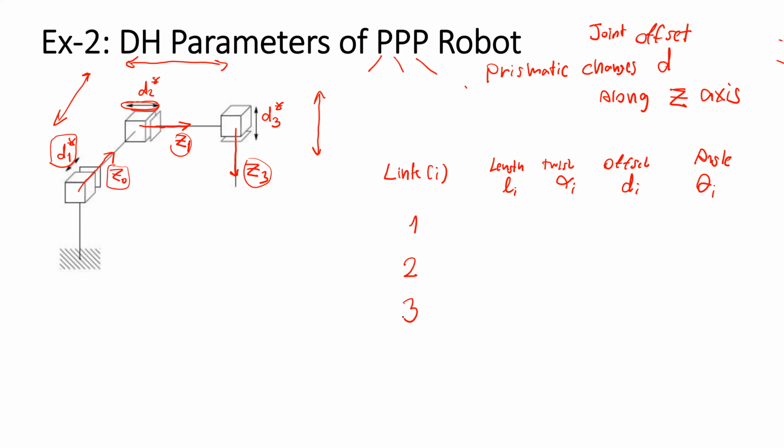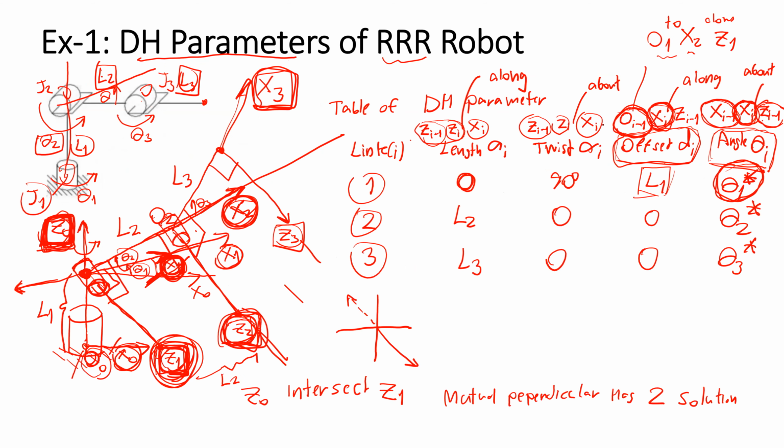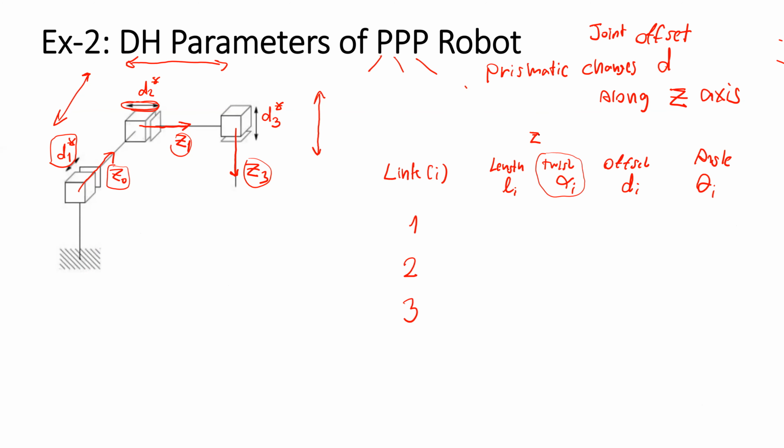We already attached the z-axis, right? And by the definition of the twist, if you remember, the twist is the angle from C_{i-1} to C_i about x_i.